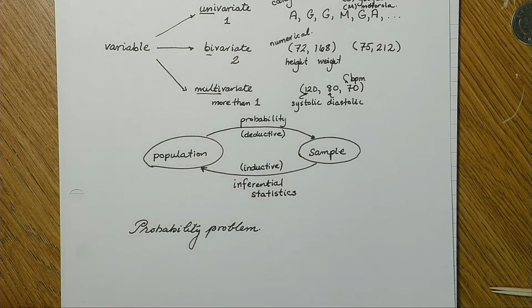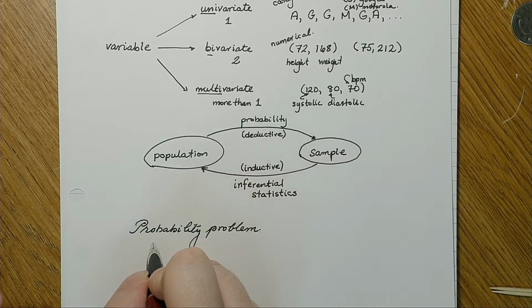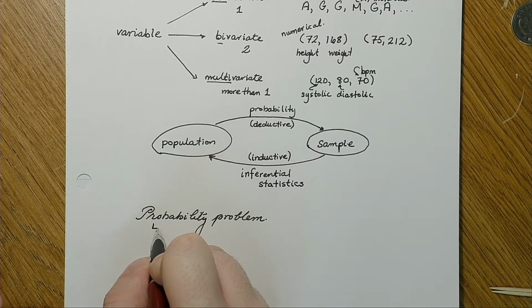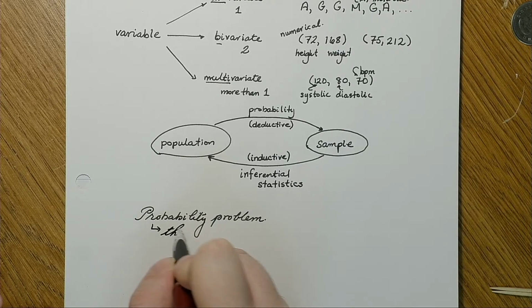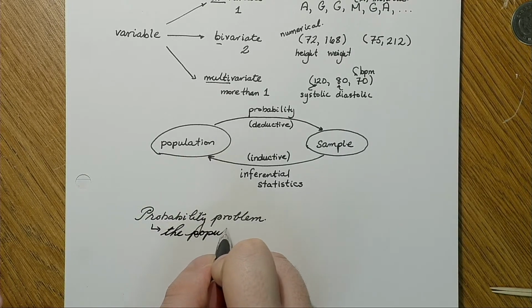Okay, good. So probability: the entire population is known.